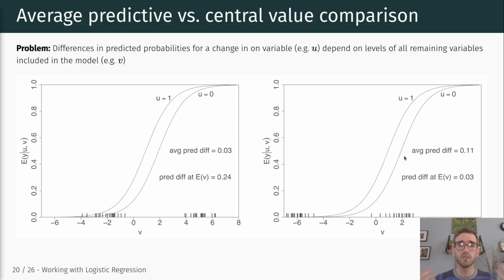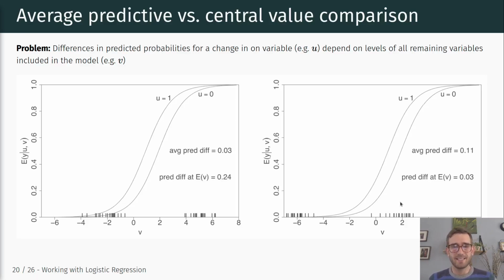And of course, which one is more meaningful from a substantive perspective? Ultimately, the average predicted difference, because it's based on the actual observations or the actual values in v that we observe, is a better representation of the actual comparison that we're trying to make, namely between u equals 1 and u equals 0, right?